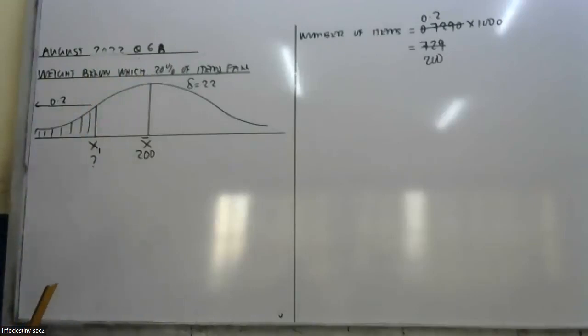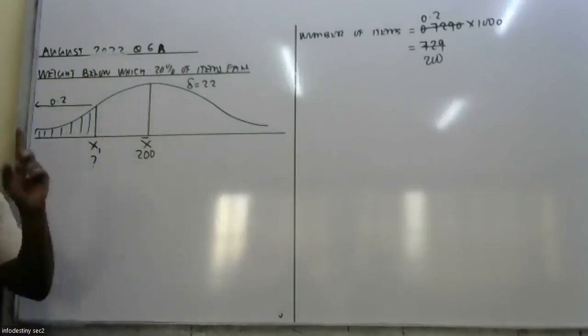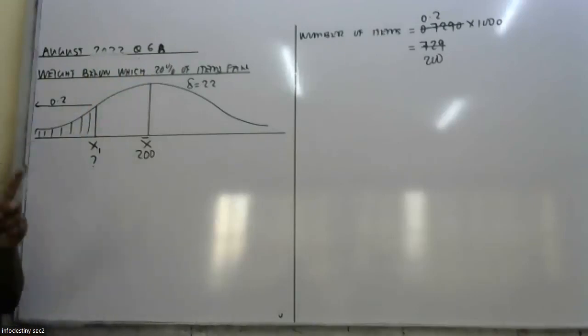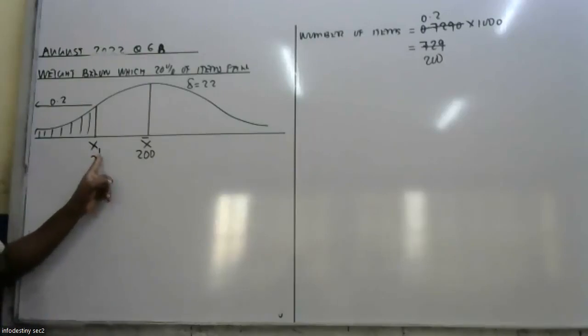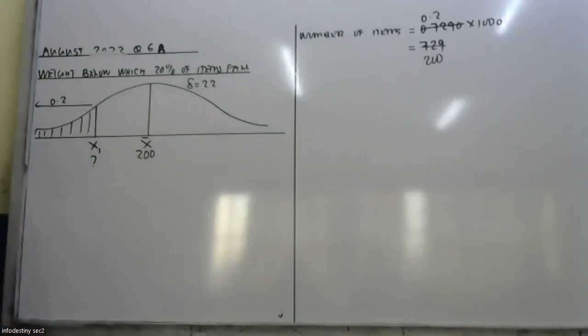I have been telling you that when you go to the tables, what you read is the probability from who to who. Is the probability from X and X bar.